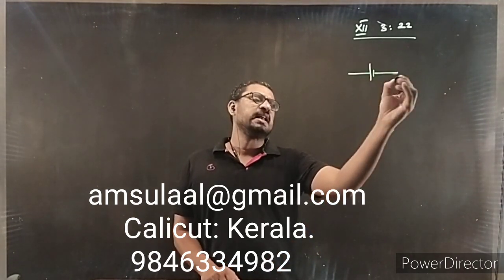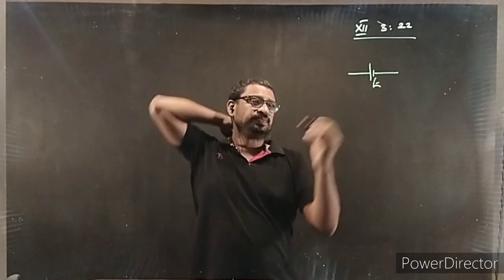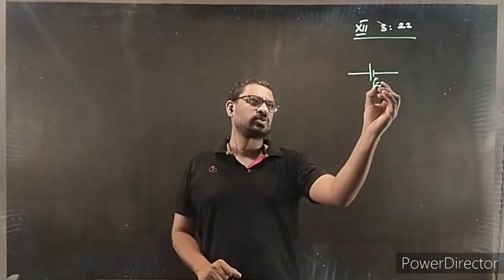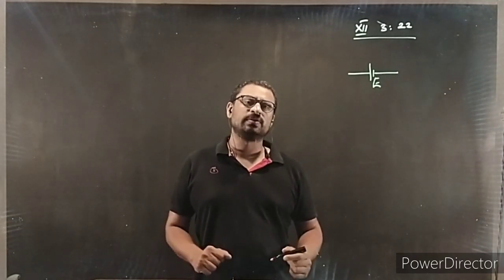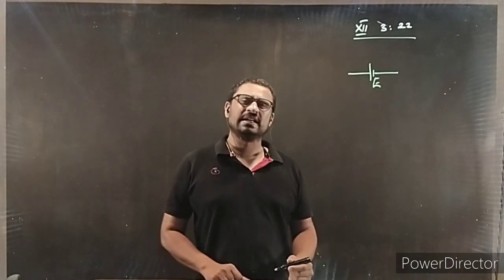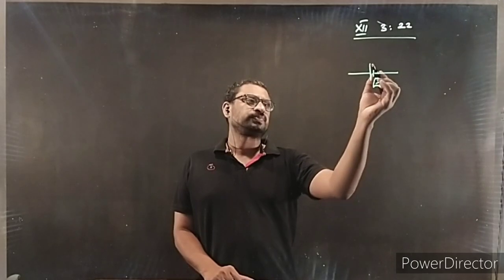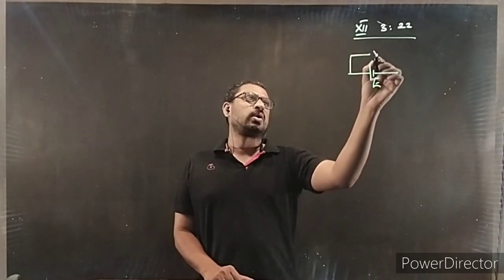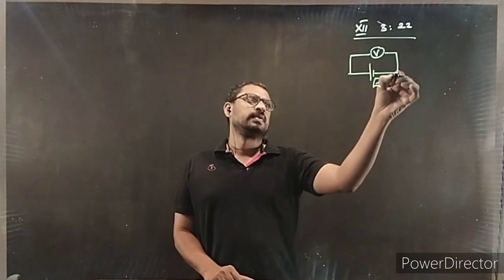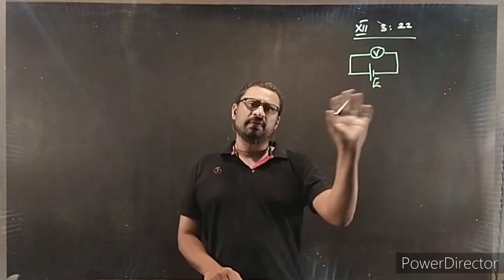Suppose you have a cell of EMF E. Let me try to explain what internal resistance is and what the difference between terminal potential difference and EMF is. Suppose you have a cell of EMF E, and if you connect an ideal voltmeter across this, the voltmeter will be reading EMF.